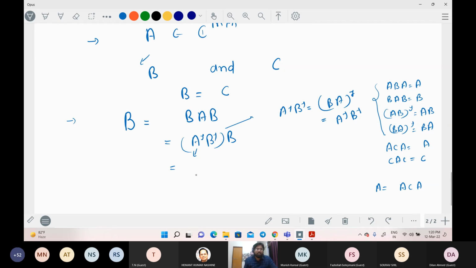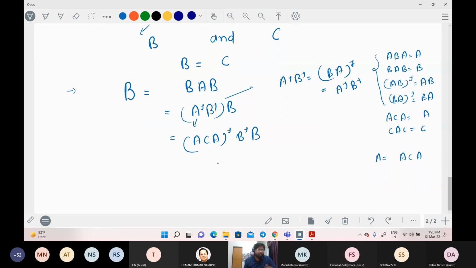In place of A star, I can write (ACA) star and B star B. Once again using the conjugate property, we can write A star, C star, A star, B star B. And in place of (AC) star, we can write simply CA, because (AC) star is equal to CA whole star, and (CA) star is equal to CA by the Penrose equations. Understand? So in place of this we can write CA, A star, B star, B.